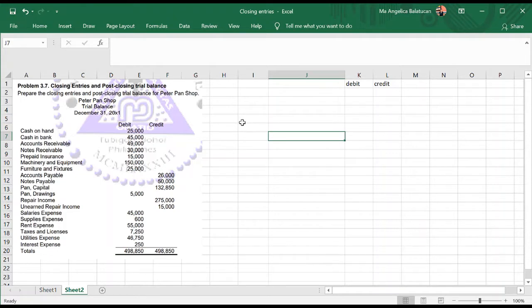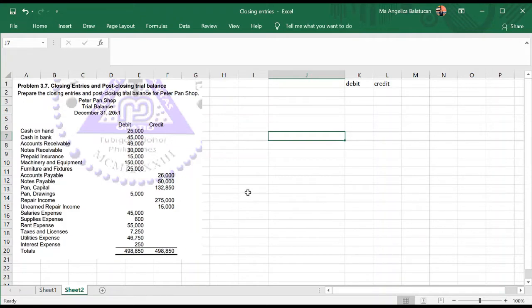But if it's a corporation, the other components of the equity, such as retained earnings and accumulated profits, will be carried over. For a sole proprietorship or a partnership, only the capital will remain, but the drawings will be closed because it's a temporary account.